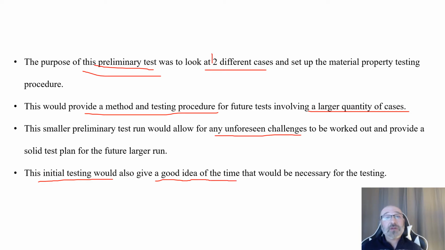If this doesn't meet their time frame or their budget, they can decide at that point, okay, we're going to stop there after the preliminary test. But if they do get the results, and the amount of time and money it would cost to go forward with a certain number of cases, they can then decide, based upon that information, that they have time and resources to run 100 cases or whatever it may be for the actual test.